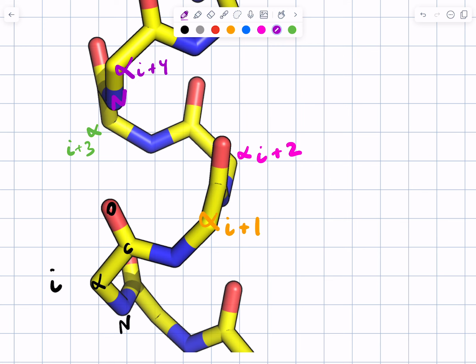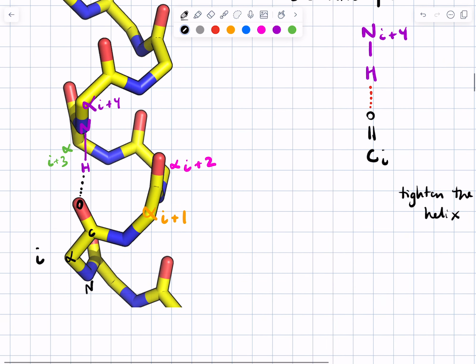So you have to infer where they are based on bond angles and where the other atoms are. But there's a hydrogen here. And if you measure the distance between this nitrogen and this oxygen, it's consistent with a hydrogen bond between the I position carbonyl oxygen and then the I+4 position amide nitrogen. So that hydrogen bonding pattern is characteristic of the alpha helix.